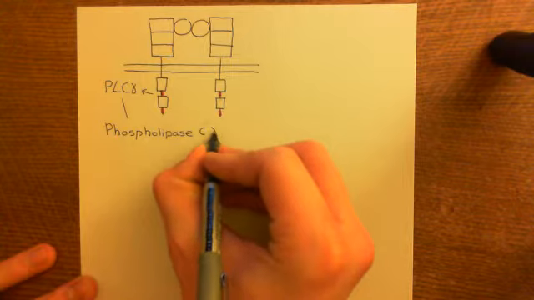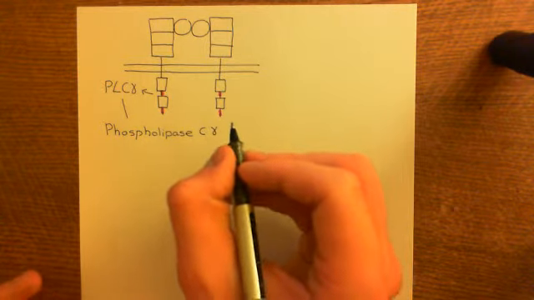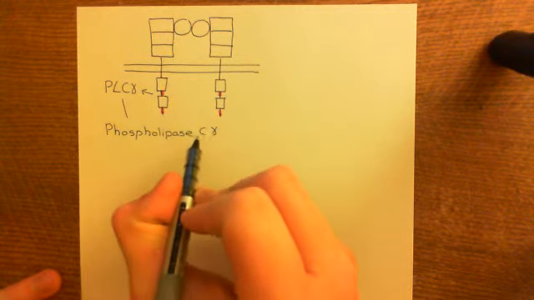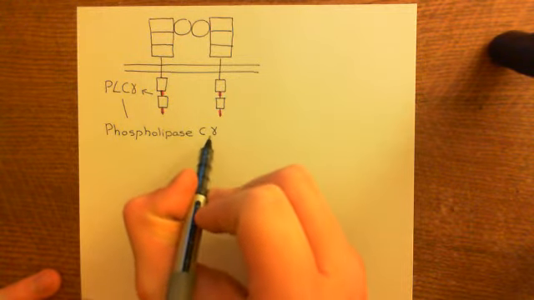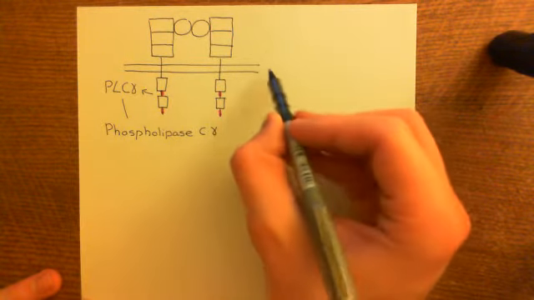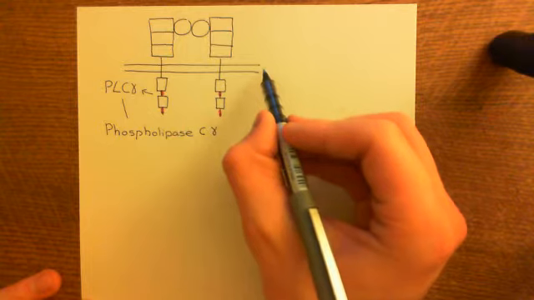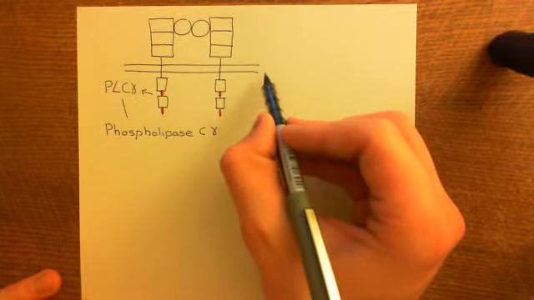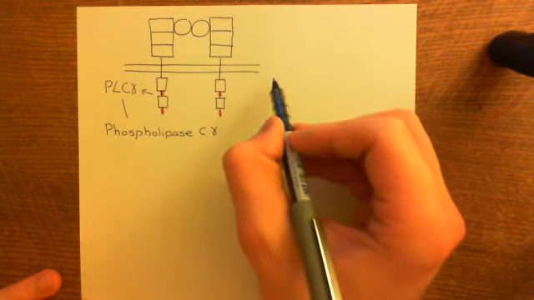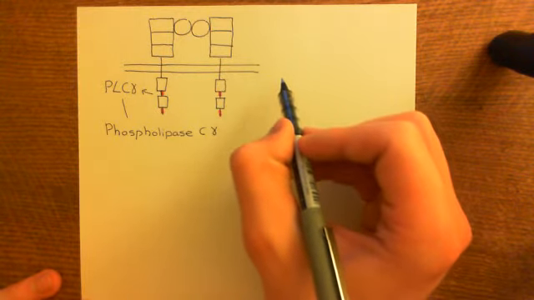You usually activate phospholipase C beta. In this case, these phosphotyrosine residues are going to activate phospholipase C gamma. And what's going to happen is that phospholipase C gamma is going to start breaking down a usual component of the phospholipid bilayer, which is called PIP2, into diacylglycerol and IP3.